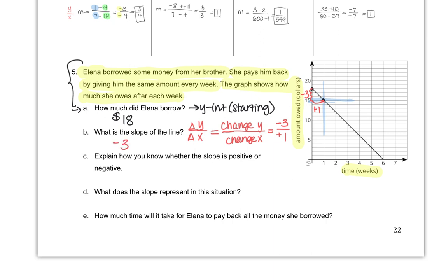Our next question, explain how you know whether the slope is positive or negative. The slope would be negative here. We know the slope is negative because we just found it. Also, the line is going down in our graph, but also with the context, right? She borrowed money and she's paying him back. This is the amount that she owes. So if she's paying him back, the amount that she owes is going to decrease. So that's what we can use for our reasoning here.